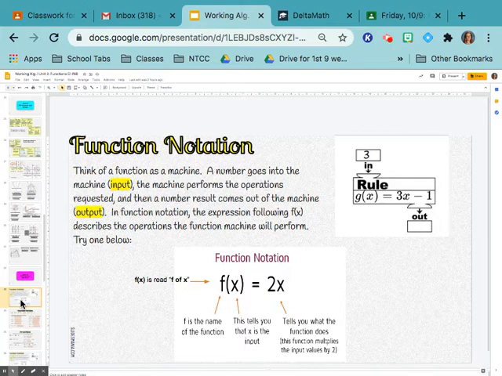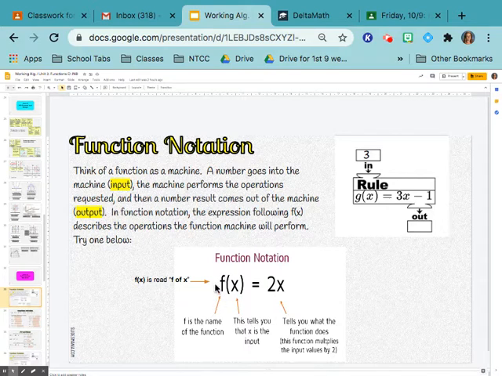In function notation, the expression following f of x describes the operations a function machine will perform. Try one below. So let's look at this function. F of x equals 2x. If we have f parentheses x, that's the name of the function. F is the name of the function. It could be g, it could be h, it could be m.